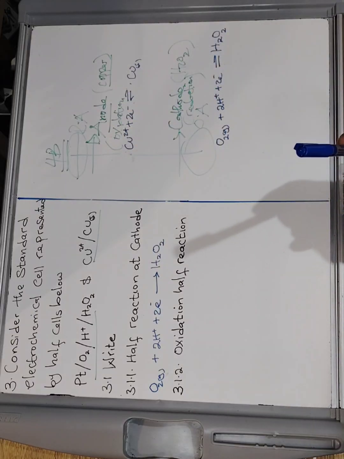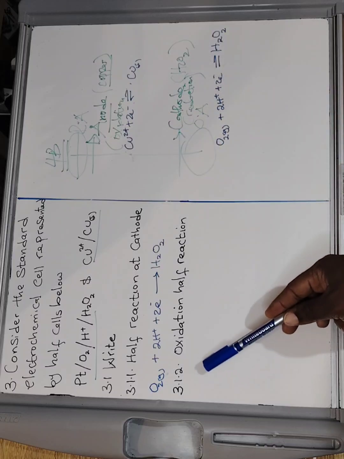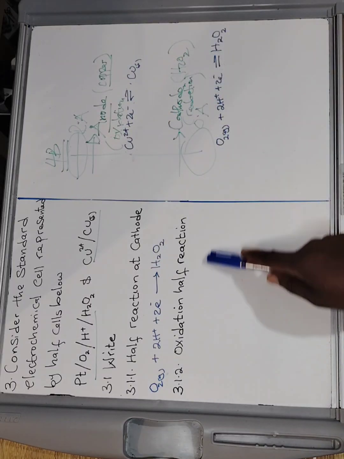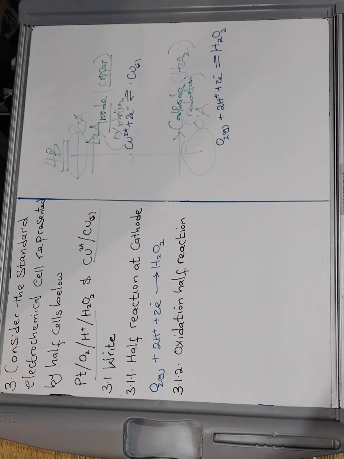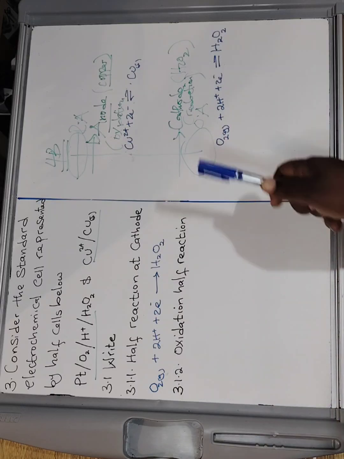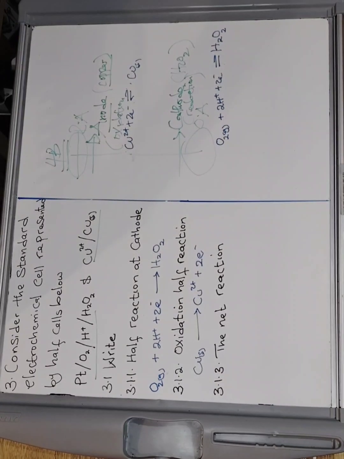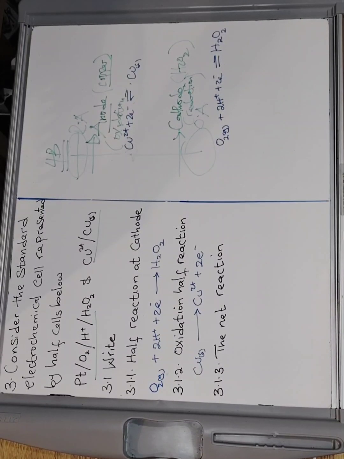So how does it fit here? The reverse of this one is going to be the reaction here. So we are going to have copper being oxidized to copper ions plus 2 electrons. You must not forget and put the double arrow. It's supposed to be a single arrow.